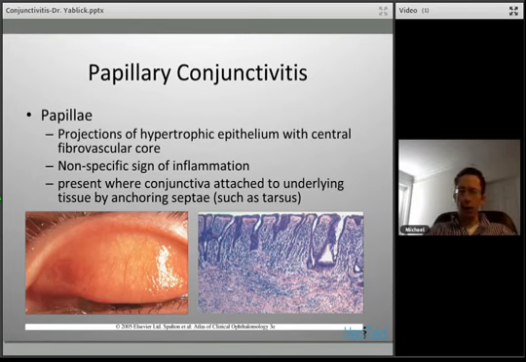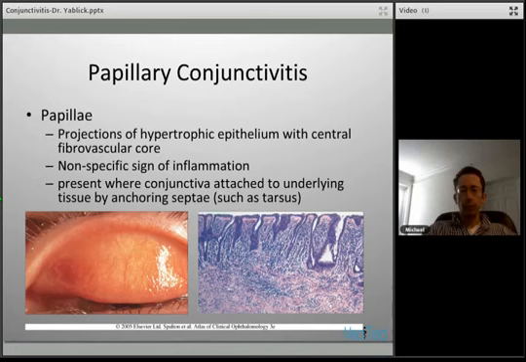On the right-hand side is just a histologic picture of papillae. You can see that they sort of have a flat top to them, and then between the papillae you can see space where the anchoring septae have attached to the underlying tissue. All of these cells do have an underlying fibrovascular core, which helps differentiate from follicles, which we'll talk about a little later.